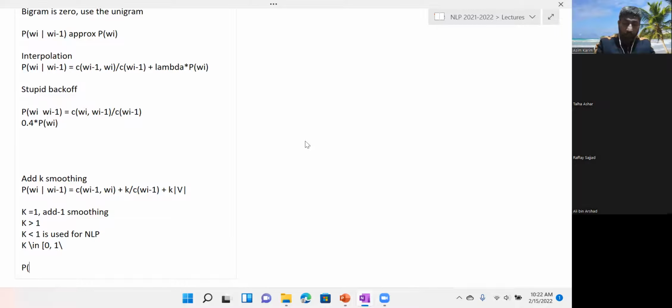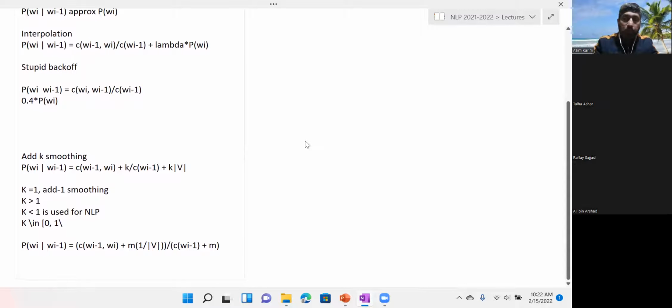For example, you can have the probability of Wi given Wi minus 1 as C of Wi minus 1 Wi plus M times 1 over vocabulary size, divided by C of Wi minus 1 plus M. So now in the numerator, we did not add k; we are adding M times 1 over V. What is 1 over V?